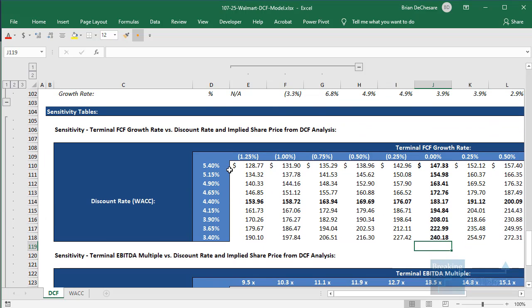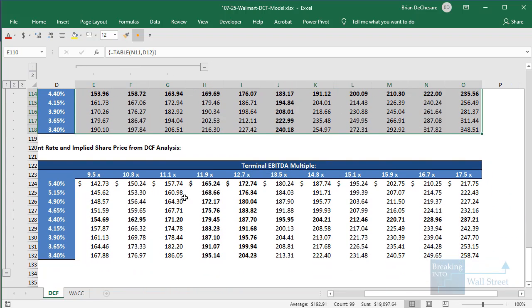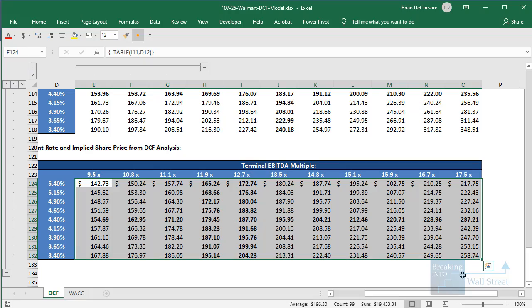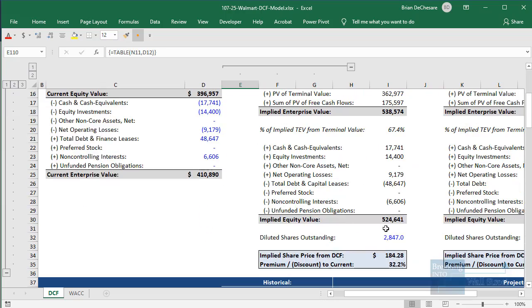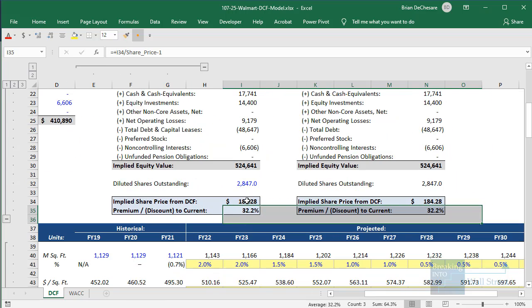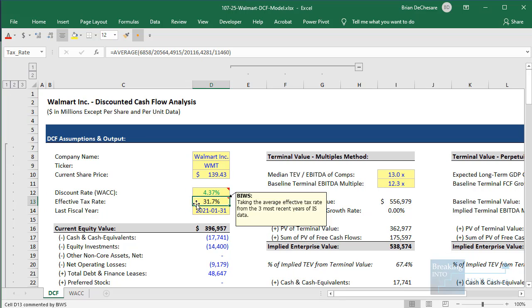And if you go down, almost all of this table is at or above $140 per share. So if we actually believe our assumptions and the drivers in this analysis, it's telling us that Walmart seems modestly undervalued based on the current market environment and our projections for its unlevered free cash flow over 10 years.